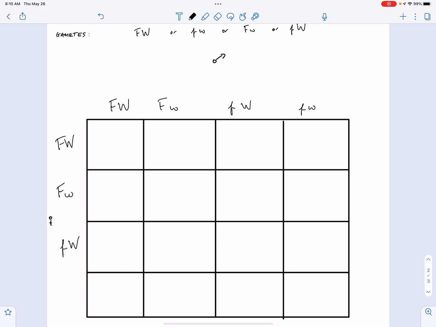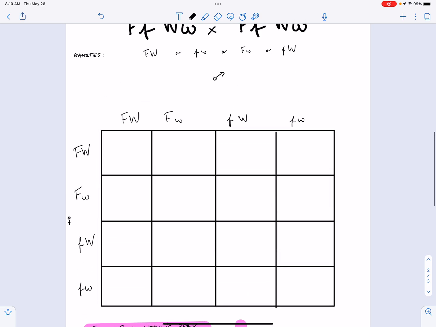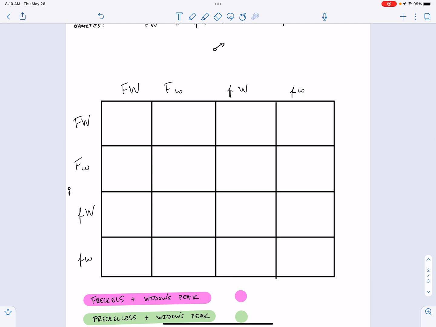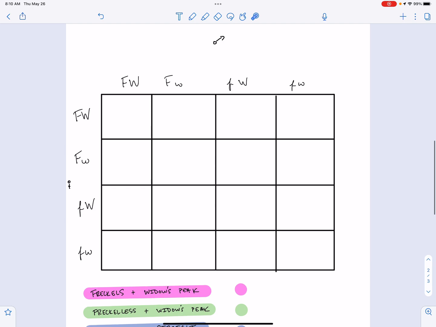And I'm trying to make my w's look slightly different from one another intentionally, so it's a little easier. Okay, so these are the possible gametes. If we want to figure out the genotypes of the possible offspring, we just fill out the Punnett square, which is just a fun amount of writing.